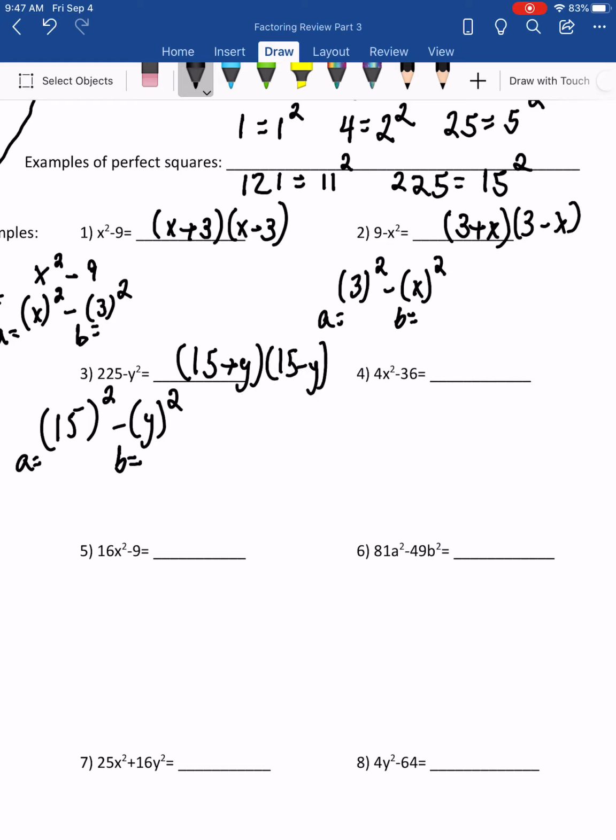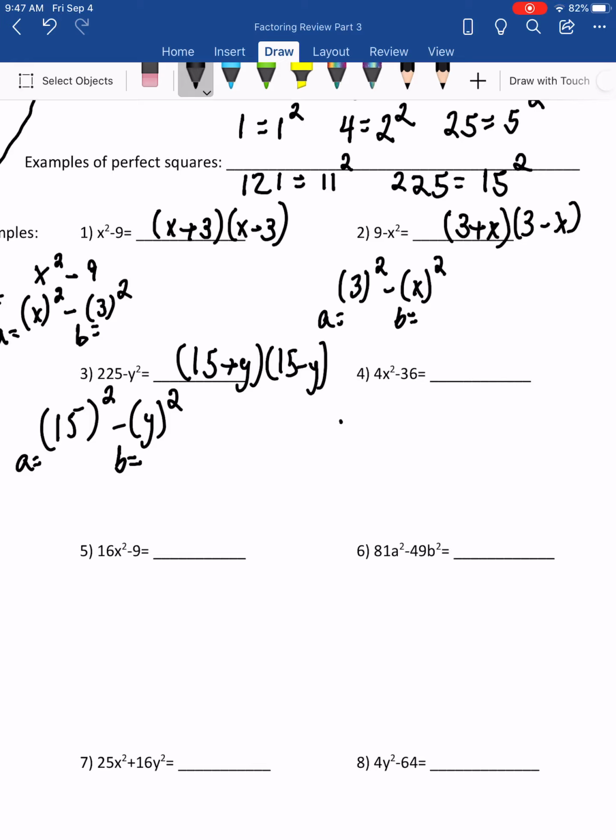And again, anytime you're factoring, you can always check by multiplying back out. Okay. Number 4, slightly different, but if we take a look at the first term, how can we write that as a perfect square? Well, we have a 4 and an x squared, okay?